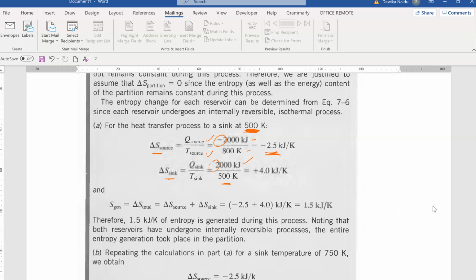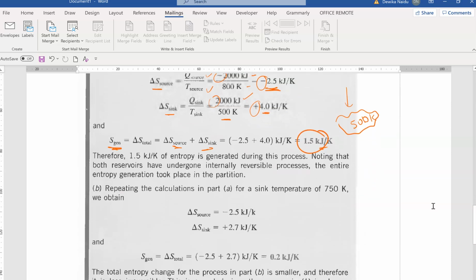The sink is receiving positive 2000 at 500, so we have positive 4.0. Remember, positive and negative signs play an important role in this. So what is the Sgen here? That would be the total, which is the source plus the sink. So for case A, it is 1.5 kilojoule per Kelvin. It means for the sink of 500 Kelvin, the Sgen is 1.5.